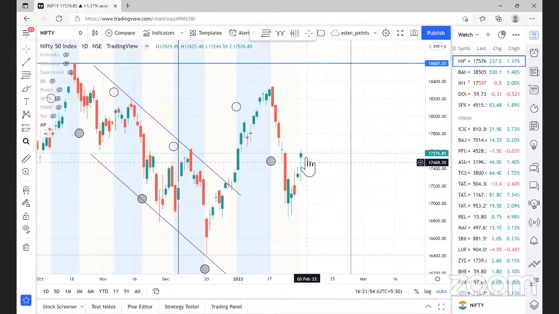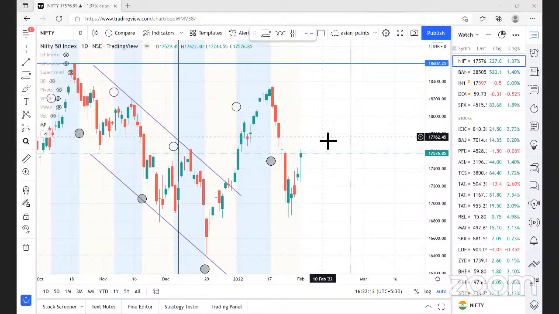So if tomorrow we manage to close an hourly candle above this high, the high is 17,622, then we can say that the uptrend will resume and continue possibly towards 17,800 levels. This is clearly mentioned in the morning research also, which has worked out exactly.